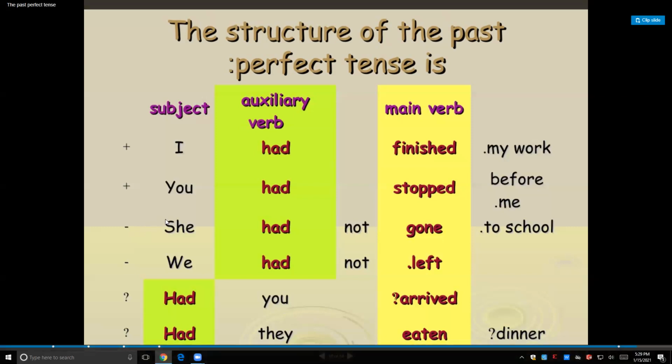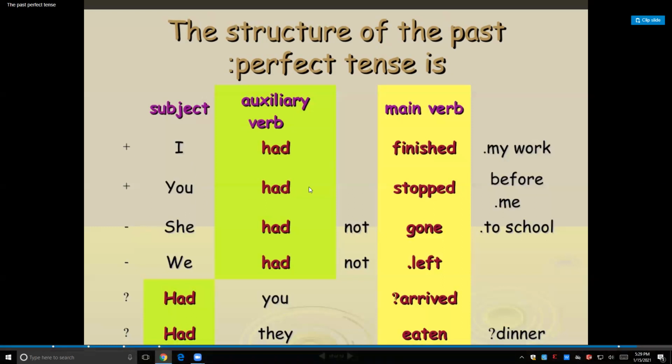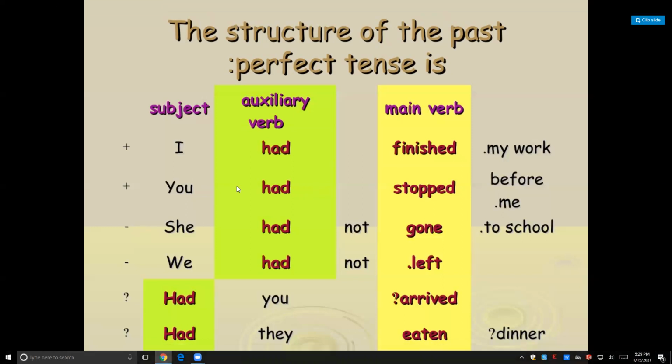You will place WH words like when, where, why before the auxiliary verb. So you had stopped, positive. You had not stopped, negative. Had you stopped? A yes-no question. And then why had you stopped? When had you stopped? As interrogative questions. So this is the structure of the past perfect tense.